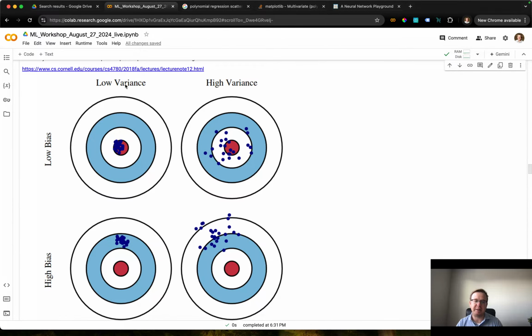We would like to have something that is low bias and low variance, centered on the truth, and concentrated, right? The worst scenario is something that is both high bias and high variance, where there are both problems, a mixture of the two. All right, so this is another picture of it.